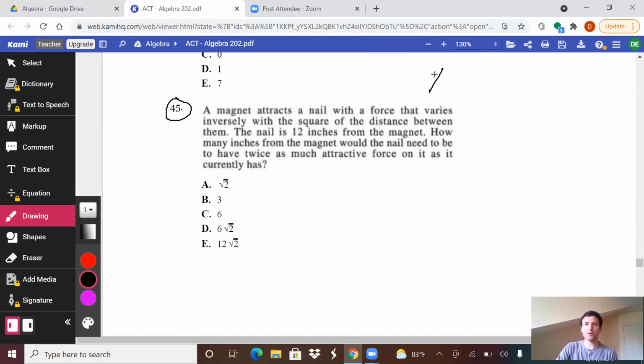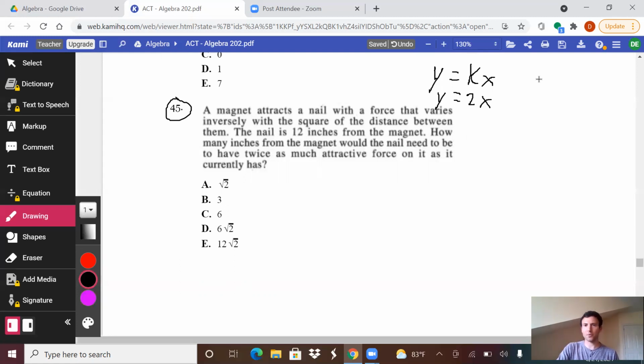If something's directly proportional, it's y equals kx, where as x goes up, y goes up, and it may go up by a factor of, let's say, 2. K was 2. So every time x goes up by 1, whatever it is gets doubled. If x were 1, y would be 2. If x is 2, y is 4, and so on.